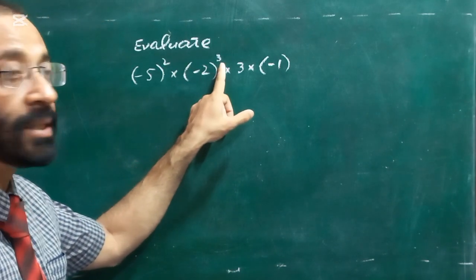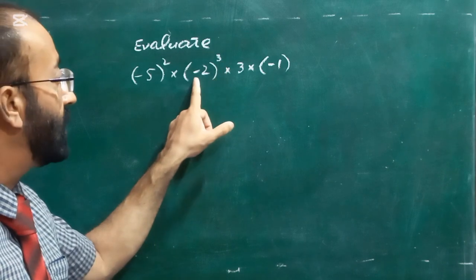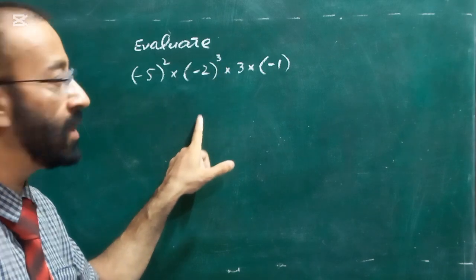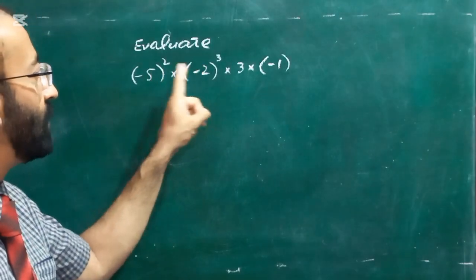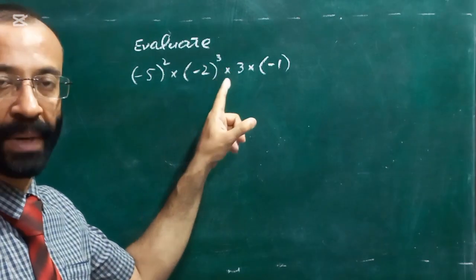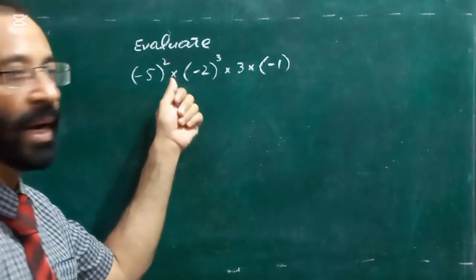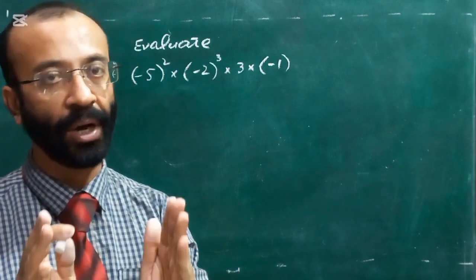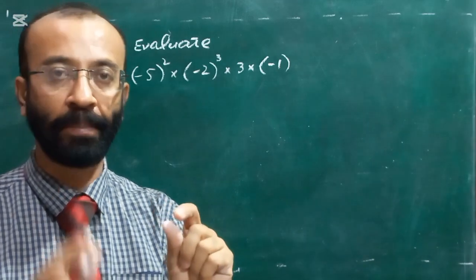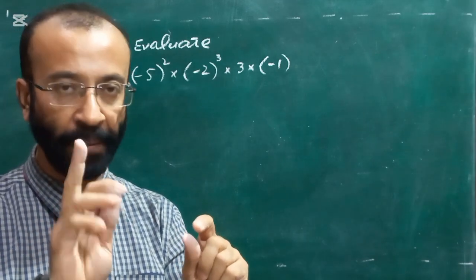And if the power is odd, the minus sign will come out minus, and the positive sign will come out positive. So this is the difference between even power and odd power. So listen again. If the power is even, whether the bracket has a positive or negative sign, the answer will have a positive sign. First thing.